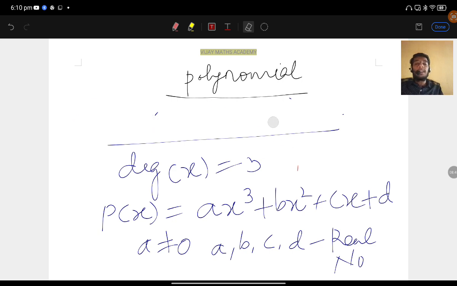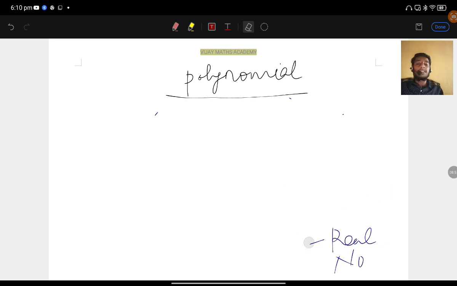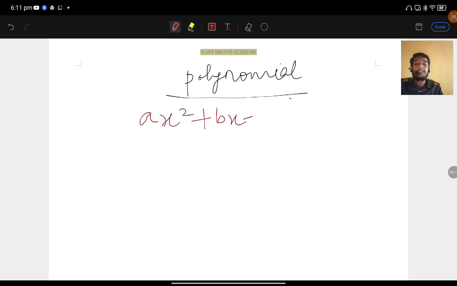And also some people might be getting new thoughts, like why sir is taking a not equal to 0. So what will happen if a becomes 0? Now I will tell. Suppose I take a quadratic polynomial, that is ax square plus bx plus c. We always say a is not equal to 0, but you are thinking, if a equals 0 what will happen?